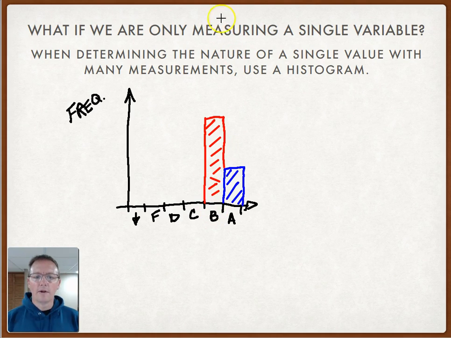Ooh, my pen is struggling to keep up with me here. And then let's say another 7 people get C's. Okay, and then let's say we don't want it to happen, but for the sake of argument it does happen that we have 3 D's.